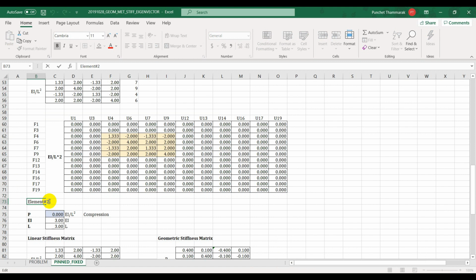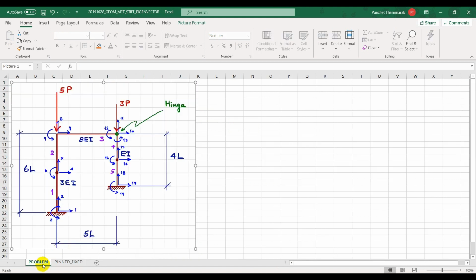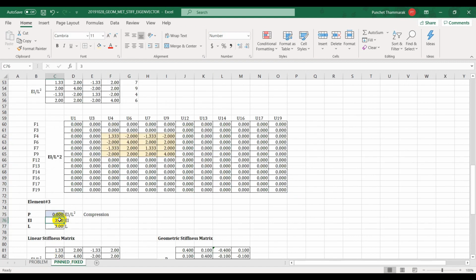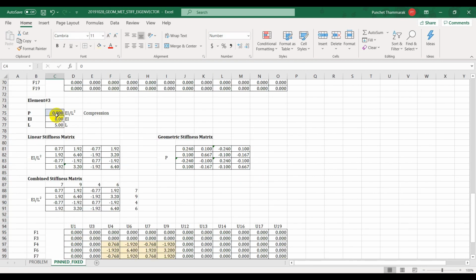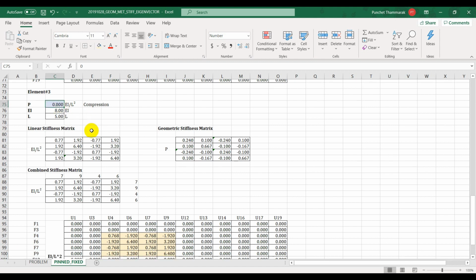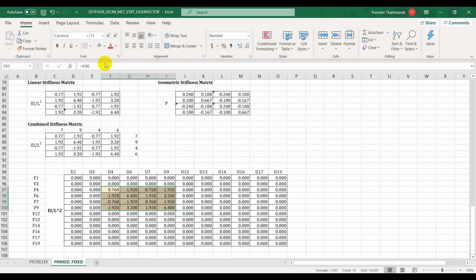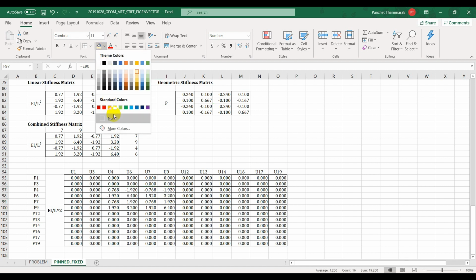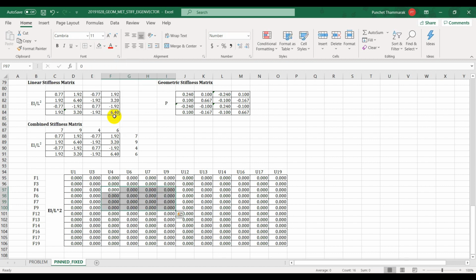For element number 3, the load will be 0, 8 EI and 5 L. So here I put the 0. We will not have anything. Let us clear this out, and then we'll be able to fix things up.